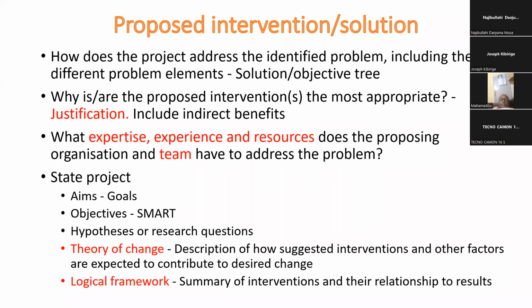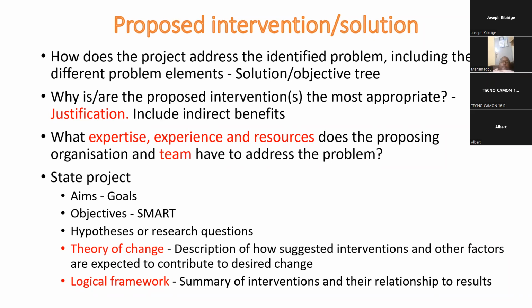Then you normally always need to have either a theory of change or a log frame. Even if the funder doesn't request for this, it's good that you have them. They help you to be able to ensure that what you're writing in the narrative is logical.